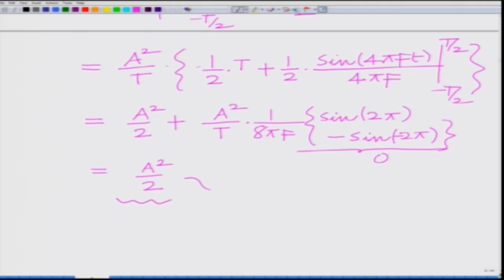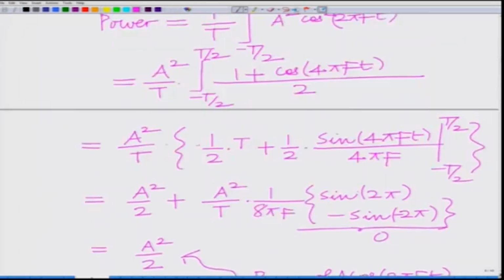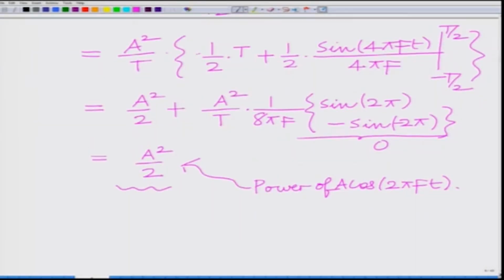So, the power of the sinusoidal signal of amplitude A, the power of your A cosine 2 pi f t, is fine.